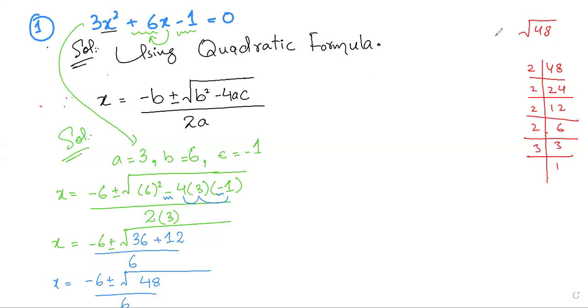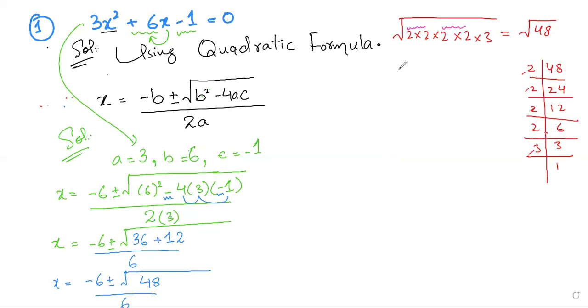So 48 can be written as 2 times 2 times 2 times 2 times 3. So as you know, we have a square root. Square root means there should be a group or a pair of 2.